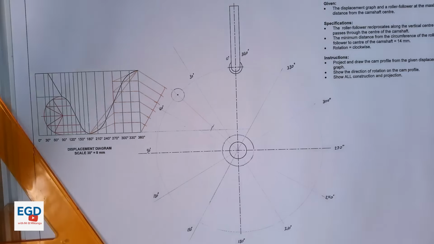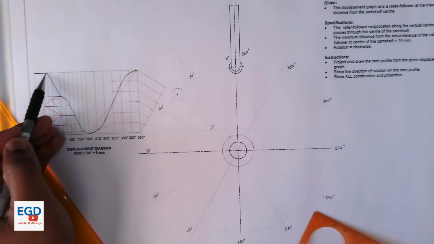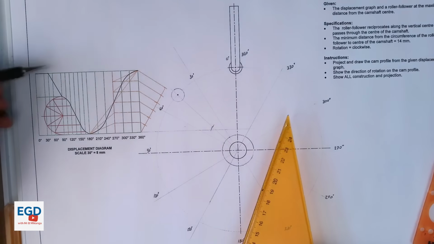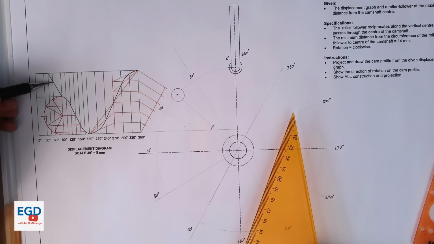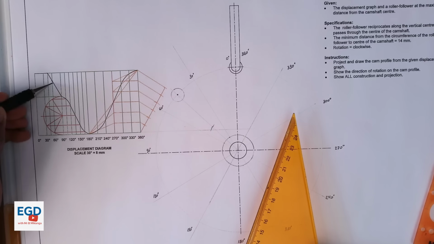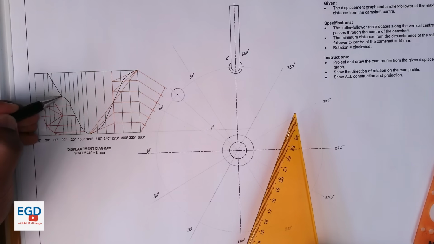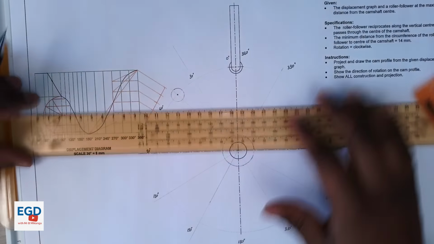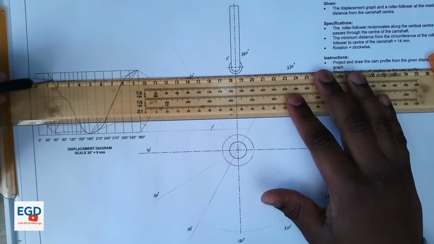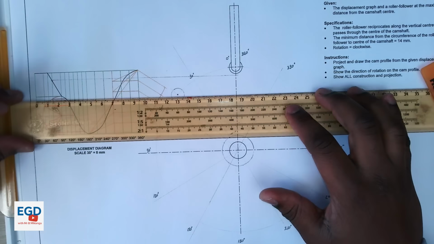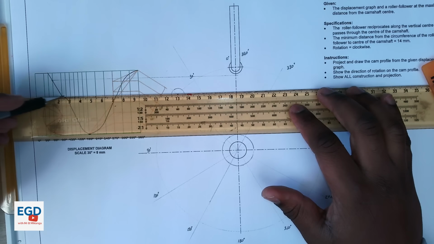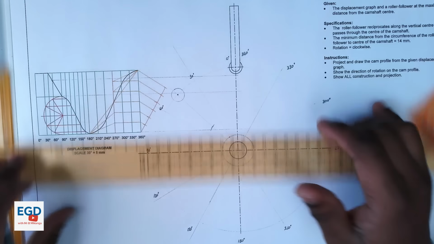This is our first point, and from that point we'll move down to 60, and then from 60 we'll move to 90. 90 is there, so I'll project those 2 points to this line there, and also that point there.